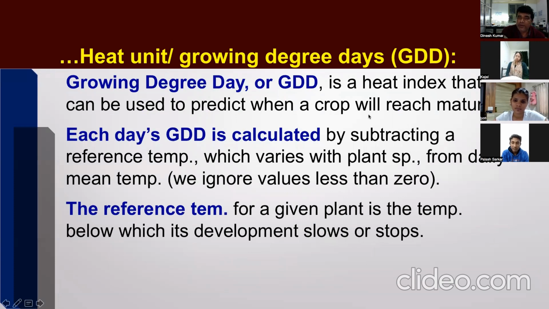Each day's growing degree day is calculated by subtracting a reference temperature or base temperature, which varies with the plant species, from the daily mean temperature. We ignore values less than 0. The reference temperature for a given plant is the temperature below which its development slows or stops.